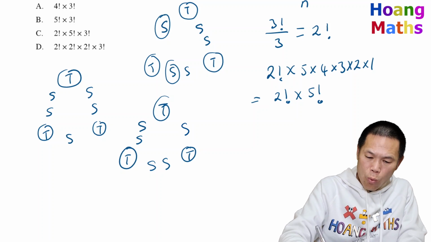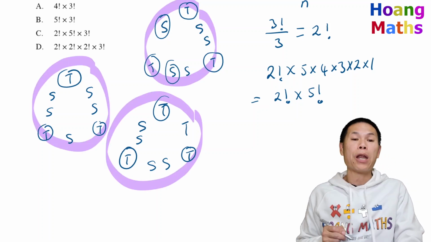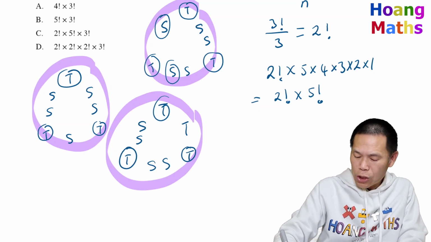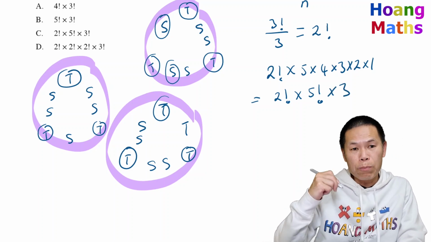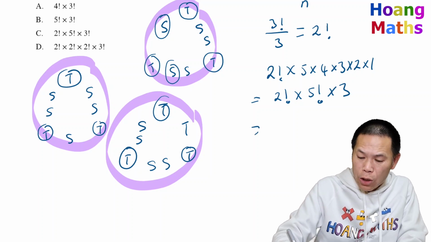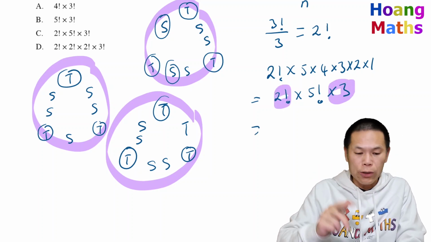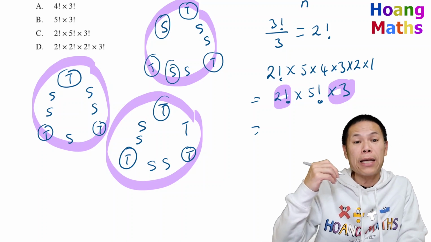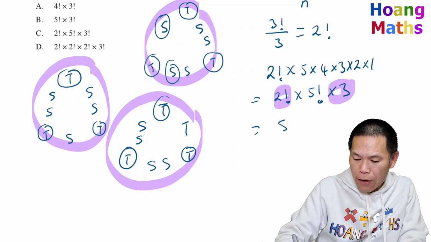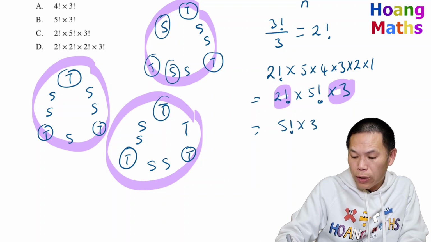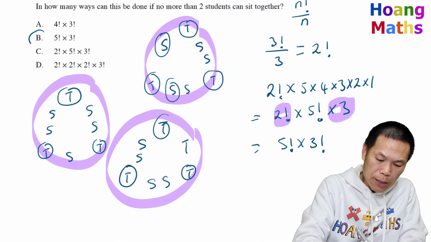So we have 1 combination, 2 combinations, 3 combinations, so we multiply by 3. Because we have 2 factorial times 3, and 3 times 2 factorial is exactly the same as 3 factorial, that becomes 5 factorial times 3 factorial. So the answer should be B.